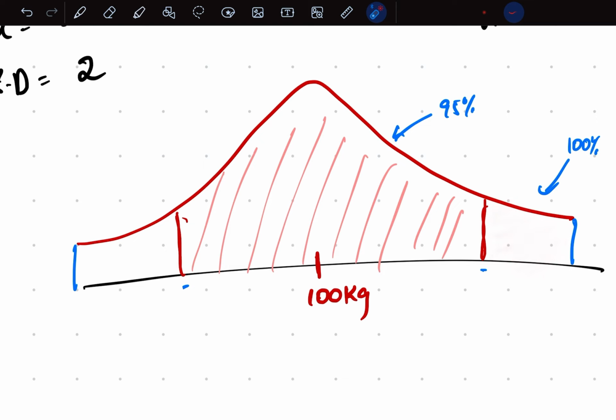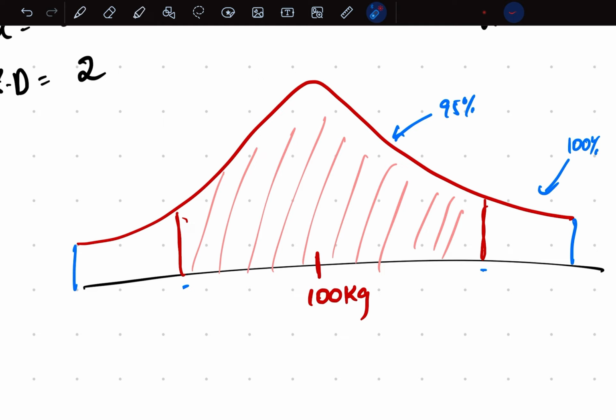So that's what we're trying to say. In the sense, if our mean lies somewhere here, and the new mean goes over these two boundaries, then we can say the null hypothesis is wrong. So that's what we are trying to prove.